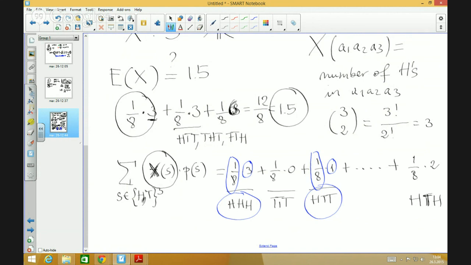Because suppose instead of tossing the coin 3 times, I would toss it 1,000 times. And I asked you, what is the average number of heads that you get? Now, the collection of all possible outcomes has size 2 to the power 1,000, and you don't want to actually expand that sum. And you don't need to.